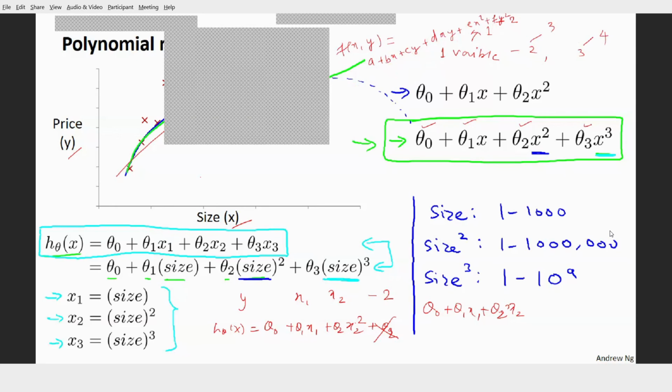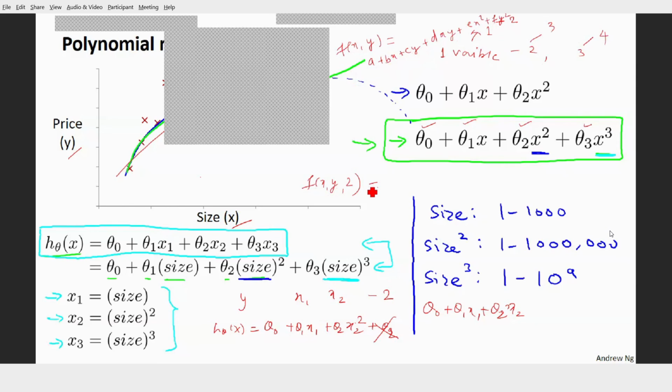Ma'am, can you please repeat the question? Yes, I'm saying that if you need to write a polynomial in x and y, that is a two variable polynomial, and the degree of that polynomial is 2, what would that equation look like?